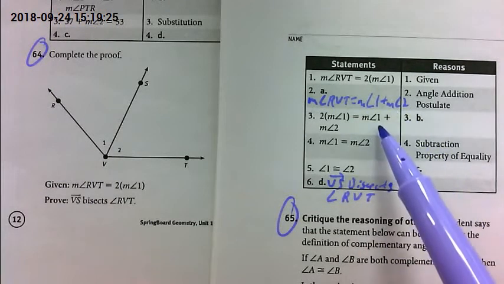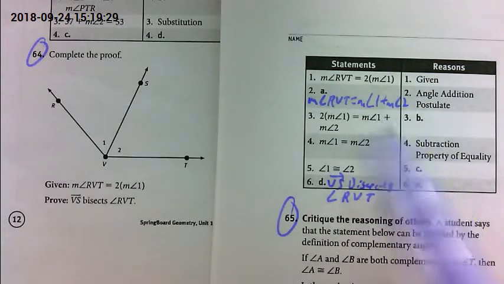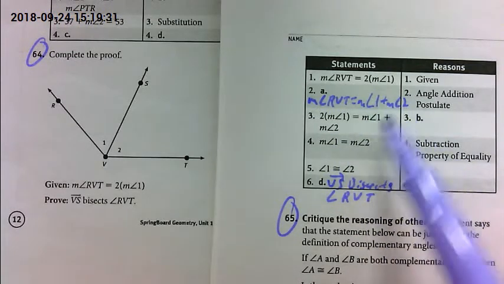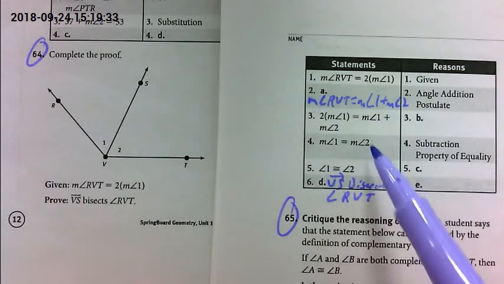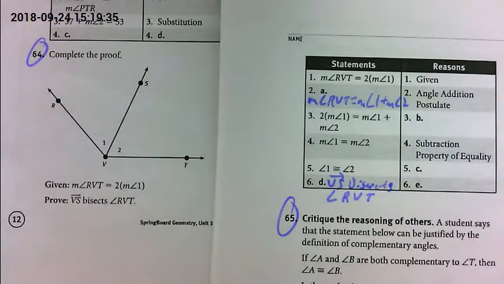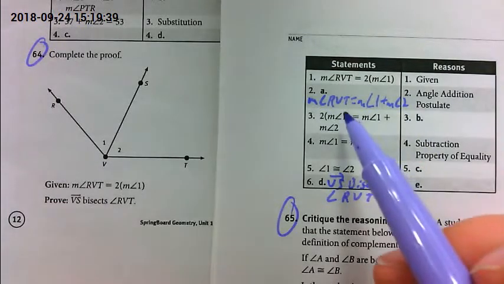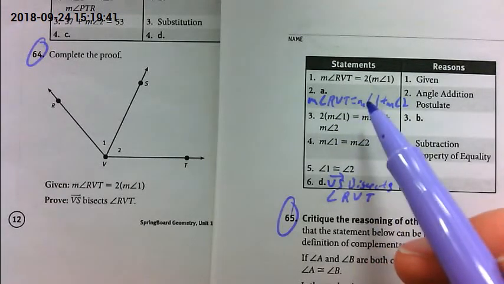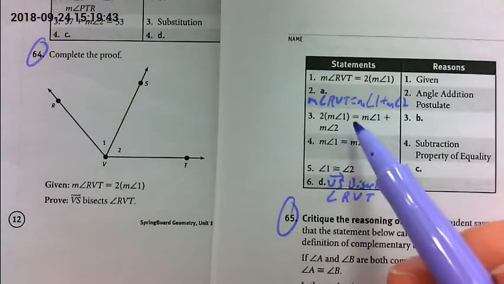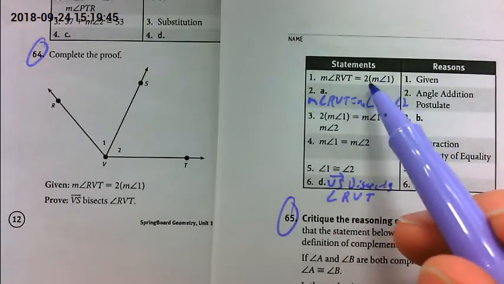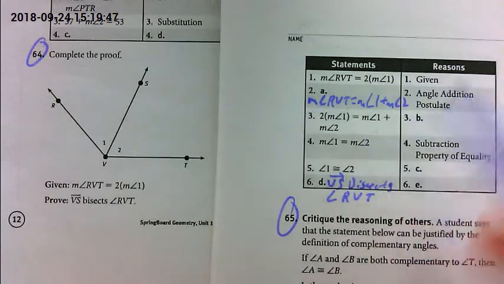And if you look at the one after it, you'll see it had measure angle 1 plus measure angle 2 on this side of the equation. So really, you should write it on the same side like that one had it. If you flipped it around, it's okay, but technically you'd have another step in between. All right, so now from this to this, the only thing that's changing is RBT was replaced with what they gave us originally. So that's substitution.